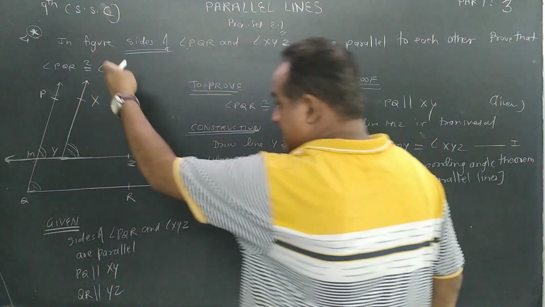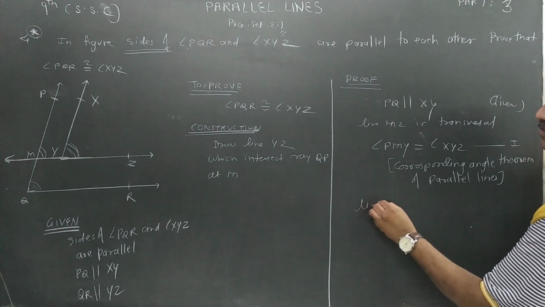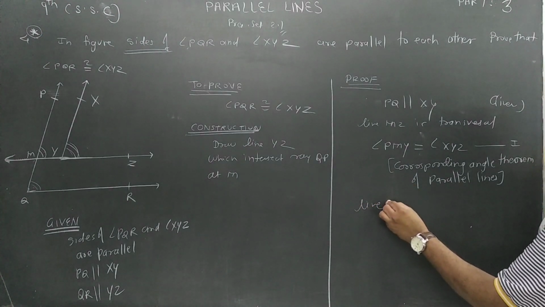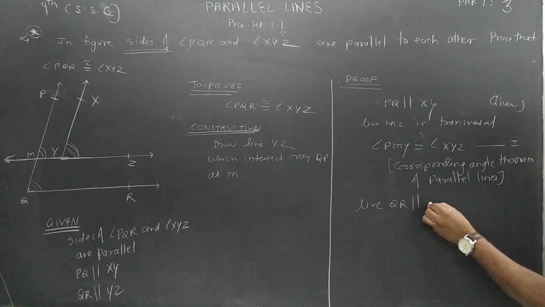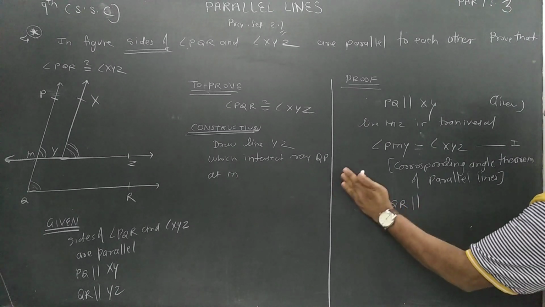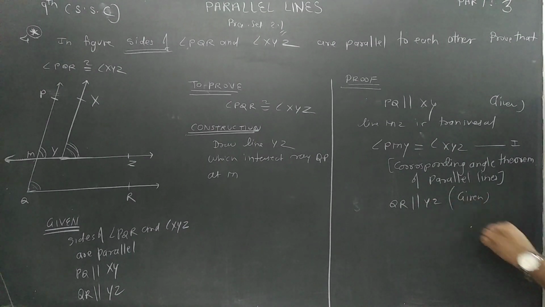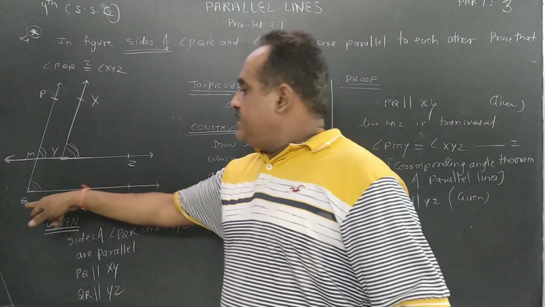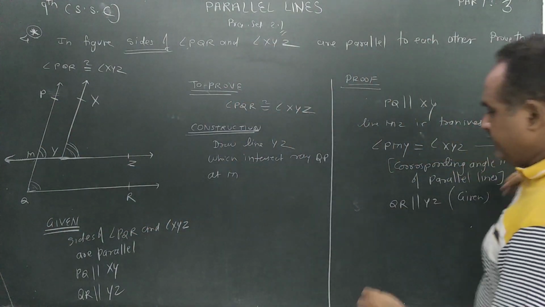Now I'll take these two lines as parallel. What could you write? QR is parallel to YZ. It is given. I'll extend it, and what I will write?